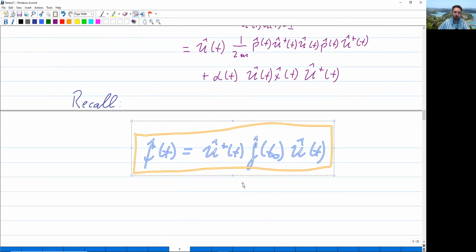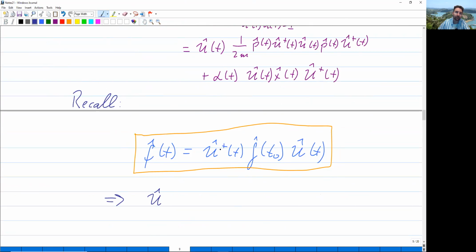Okay, so here we have our equation, and from it we also obtain that if we now multiply this equation from the left with u hat, then we have u hat of t, f hat of t, and from the right with u hat dagger, then we have u hat dagger of t equal to f hat of t naught. Okay, so what we did here is that we multiplied this equation in the box from left and right with operators, from the left with u hat and from the right with u hat dagger.